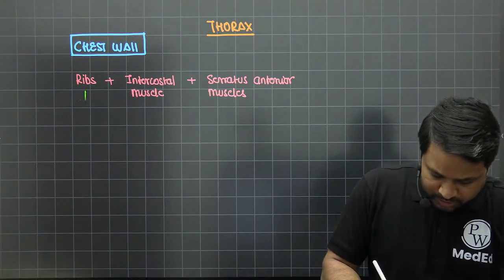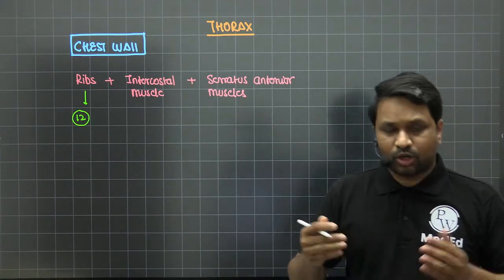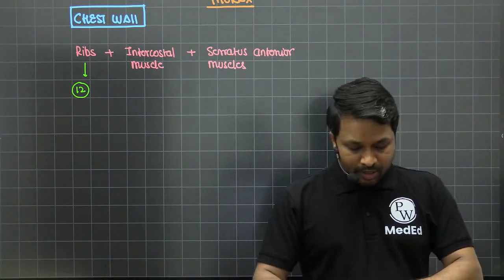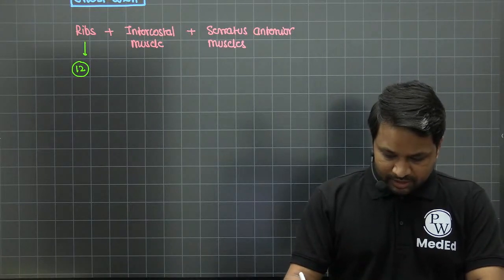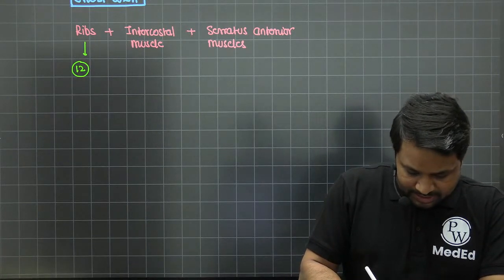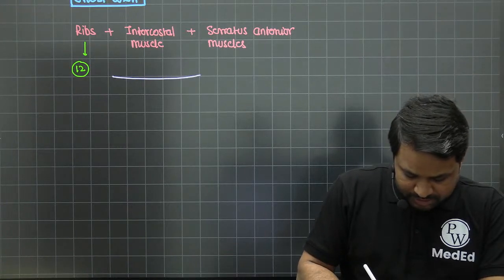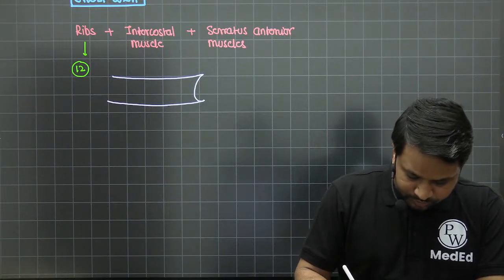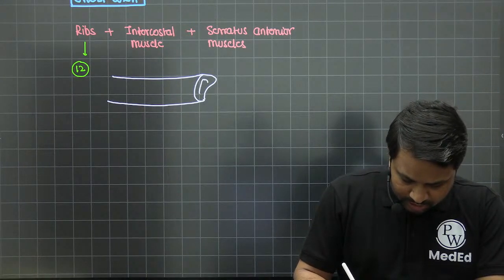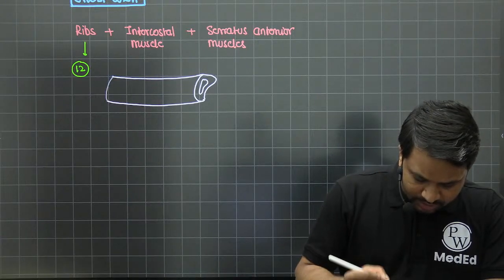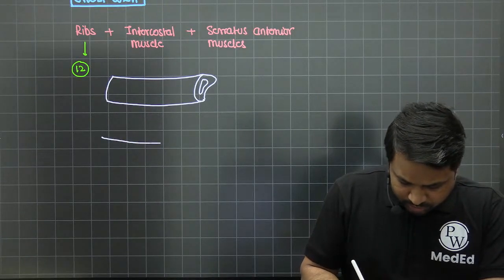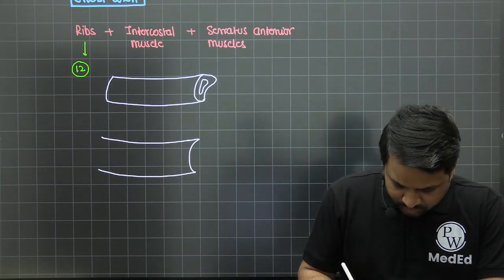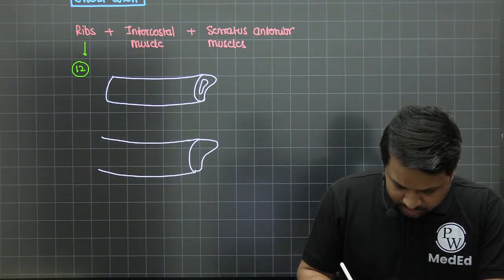We all know the ribs are in a pair of 12. The intercostal muscles will be present in between, and the serratus anterior group of muscles are going to adhere to the chest wall. Now, what is interesting about the intercostal muscles is this: if you take this as the representation of the rib, this is a cut end of one rib that you can see, and there's another rib which is going to be present here, also a cut end of the rib.